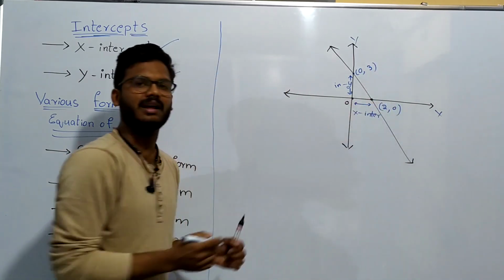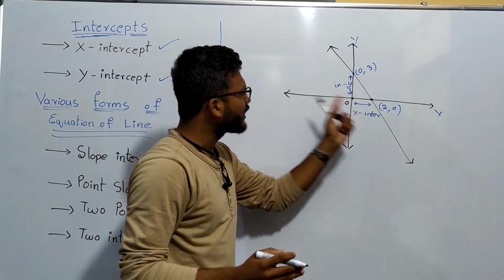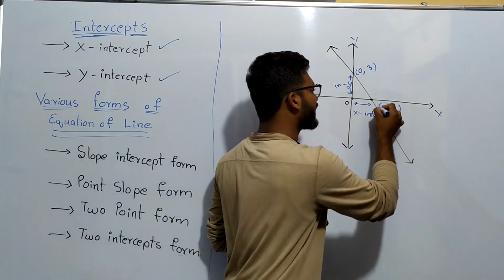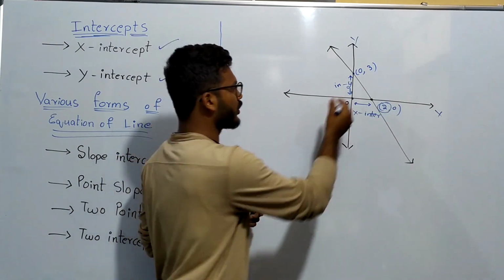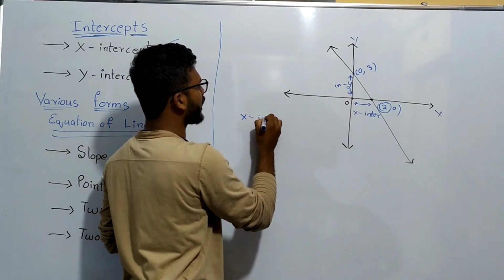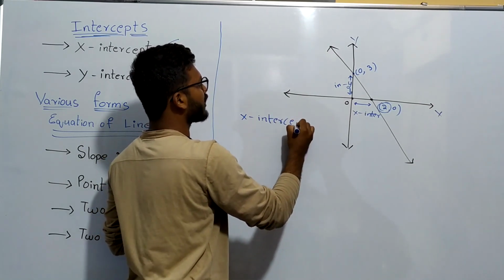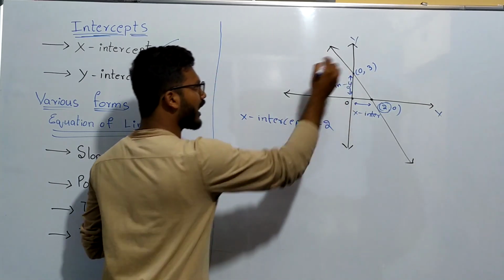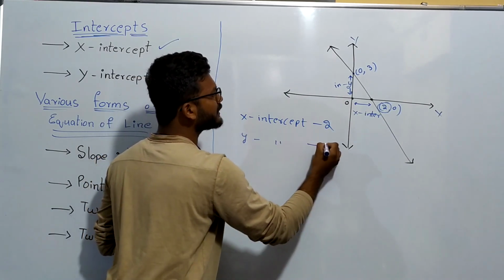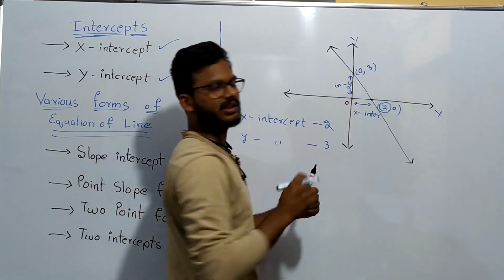Now what is the distance here? In order to find the distance, we can see the x-coordinate of the point on the x-axis. So here the x-intercept of this line is 2 and the y-intercept is 3. From here to here it is 3 units.